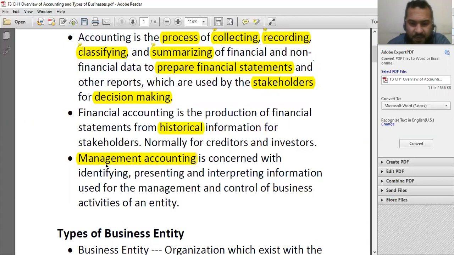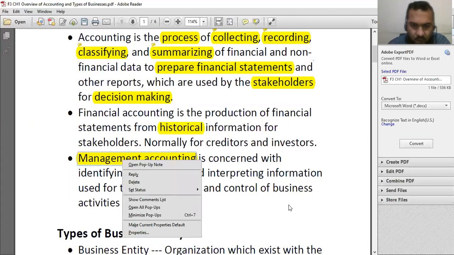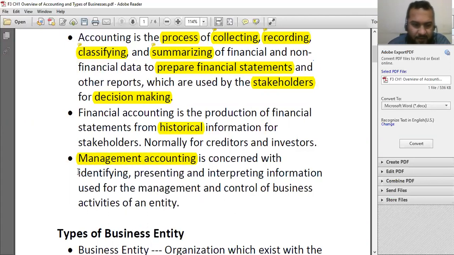Now what is management accounting? Management accounting is identifying, presenting, and interpreting information used by the management to control business activities of the entity.